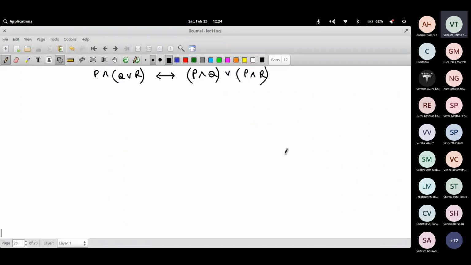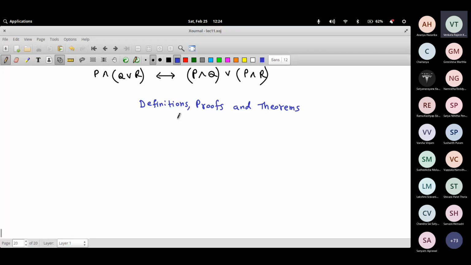Okay, so now let's move on to the next topic in chapter 0, that is definitions, proofs, and theorems.